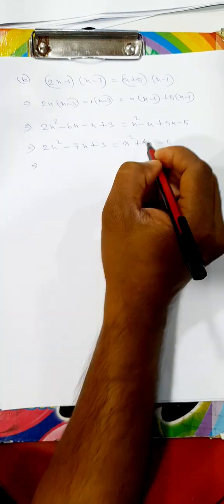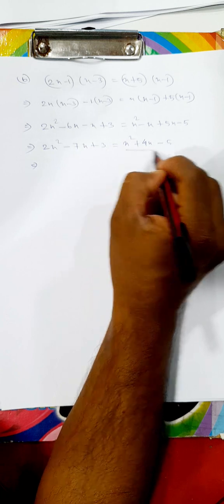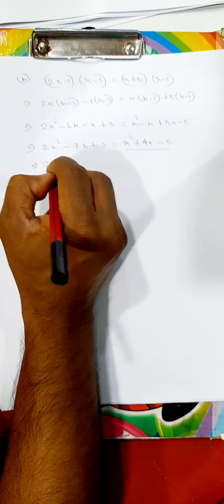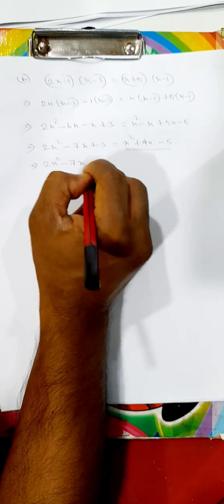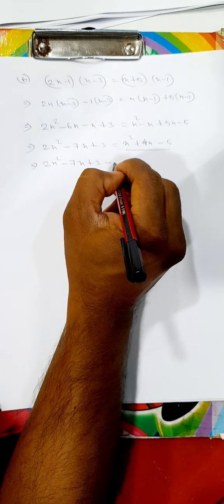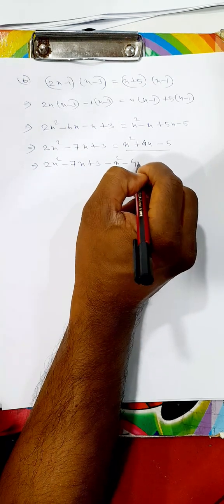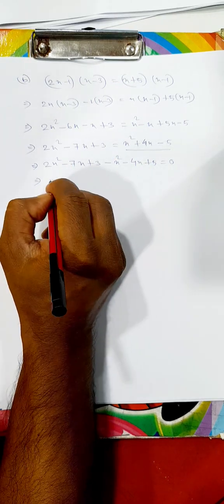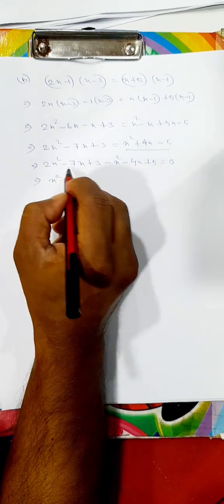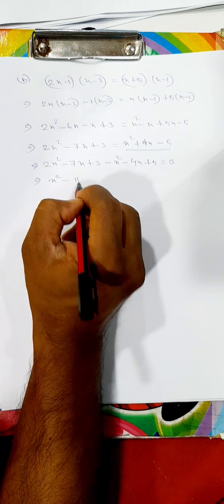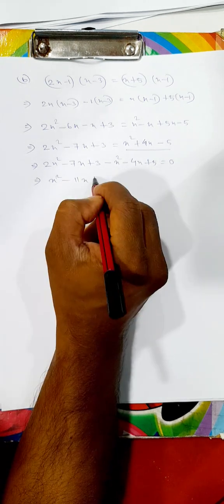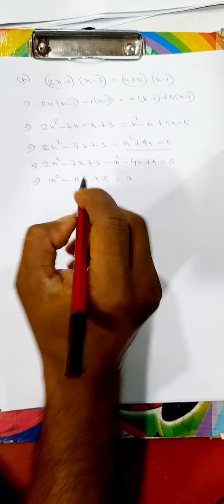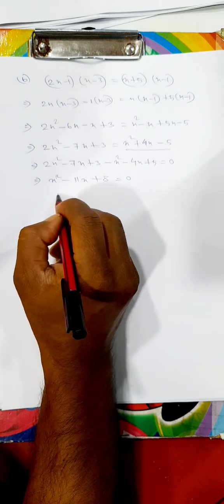So let's transpose the terms in the right hand side to the left hand side. 2x square minus 7x plus 3 minus x square minus 4x plus 5 equal to 0. This becomes x square minus 7x minus 4x, minus 11x, 3 plus 5, 8 equal to 0. So it's a quadratic equation, right?